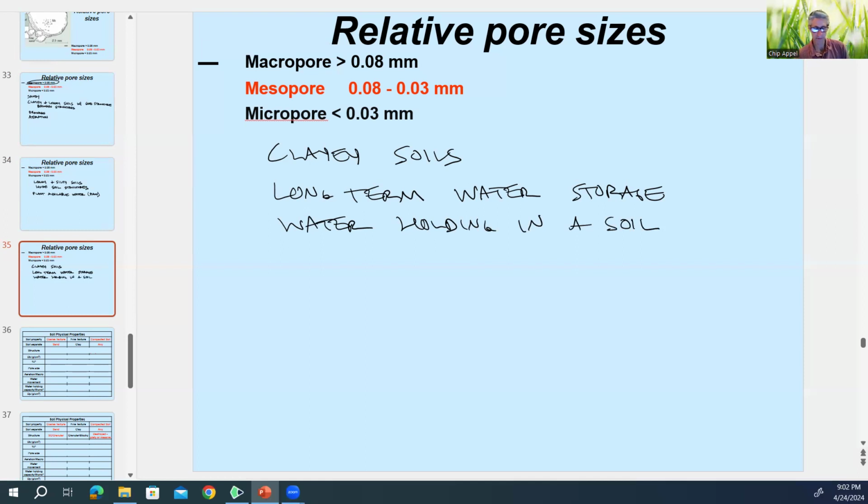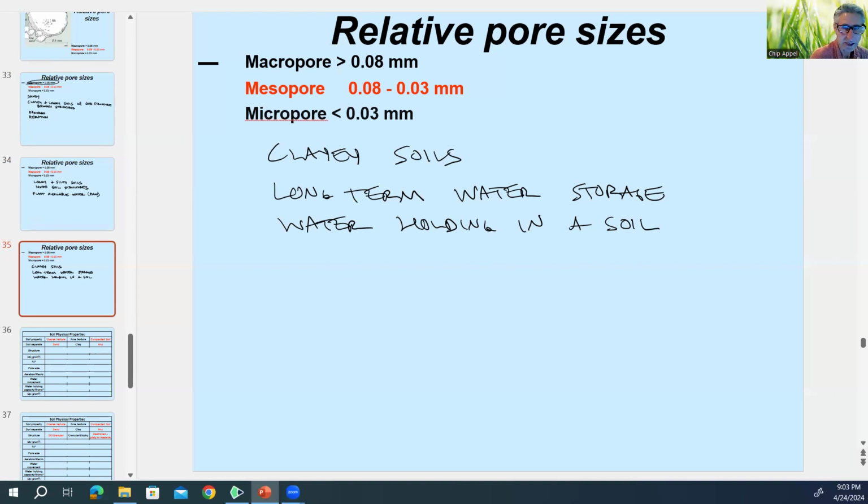And sometimes the micropores are so small, and there's so much specific surface area of soil particles that make up the microporosity in the soil, that those soil particles hold on to the water too tightly for the plants to get. So the plants can't get all the microporosity or the micropore water.